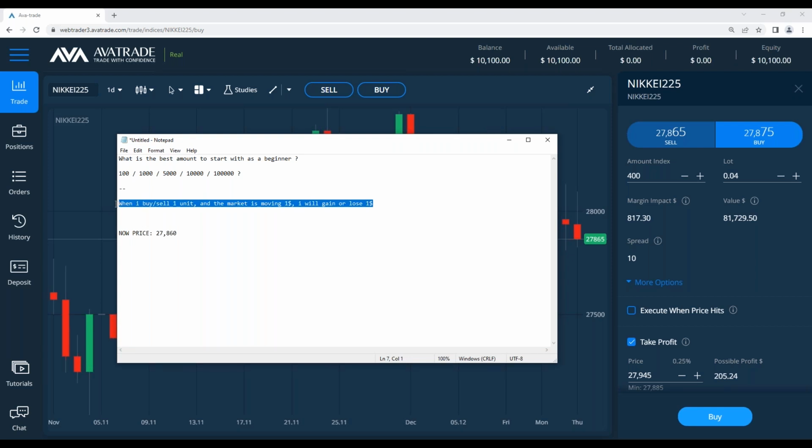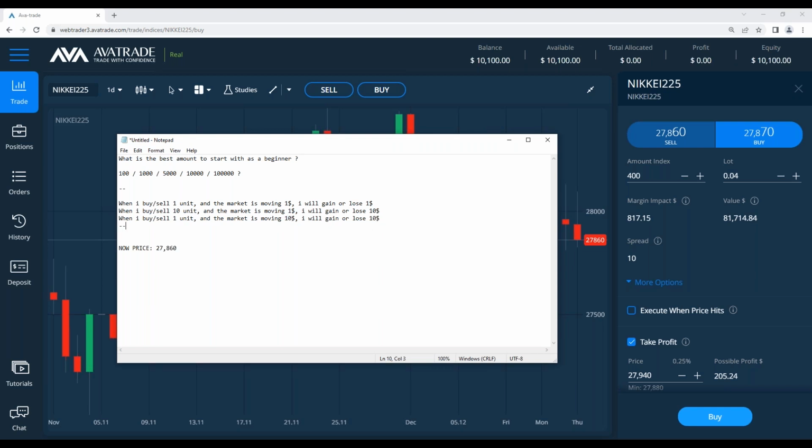Therefore, if I change this one to 10, then the result here will be 10. If I change the movement to 10, it will also be 10.